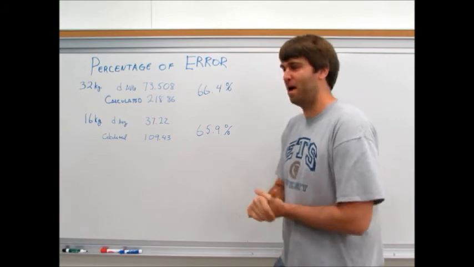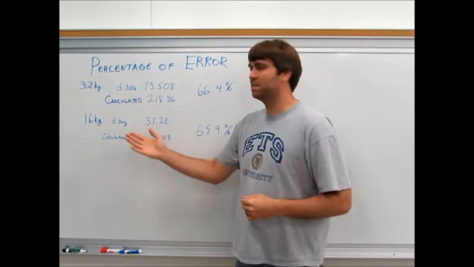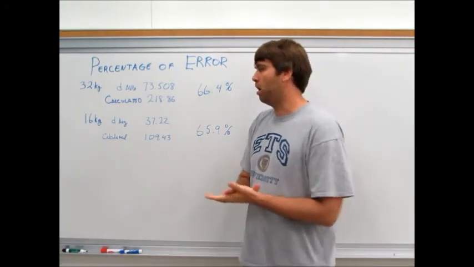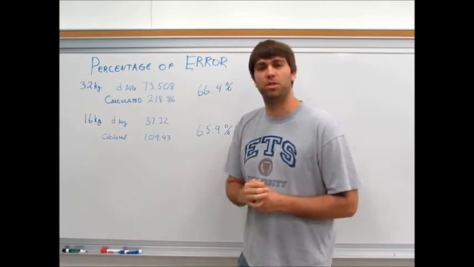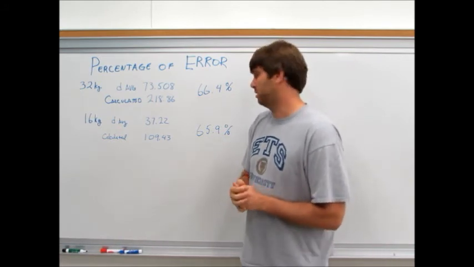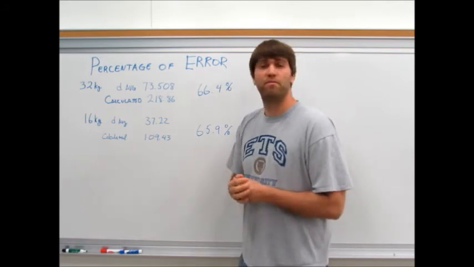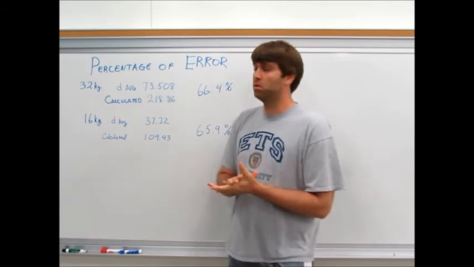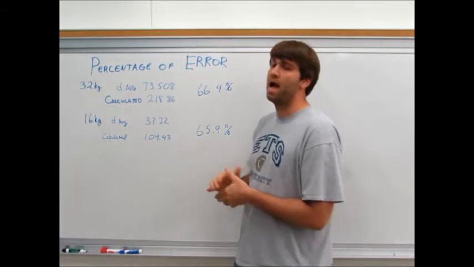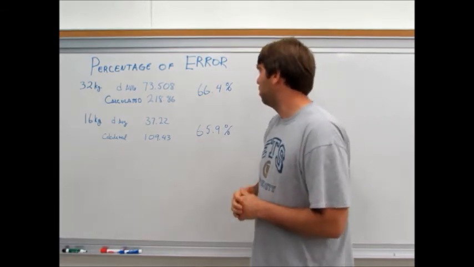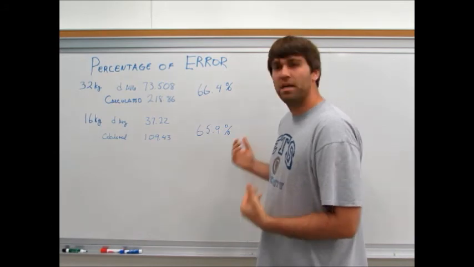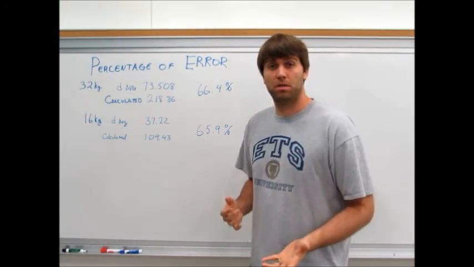Pretty big. For the 16 kilogram counterweight, our average distance was 37.22 meters. Our calculated distance was 109.43 meters, resulting in a 65.9% percentage of error.